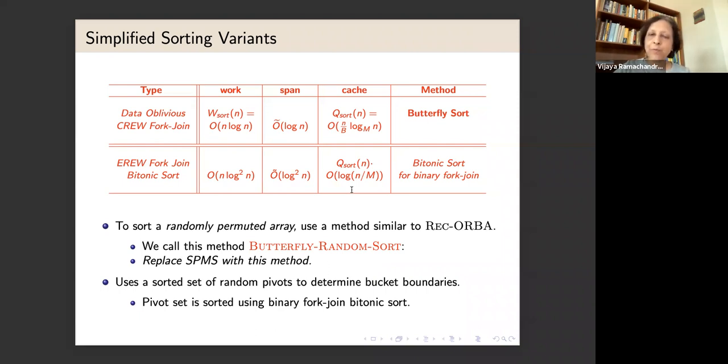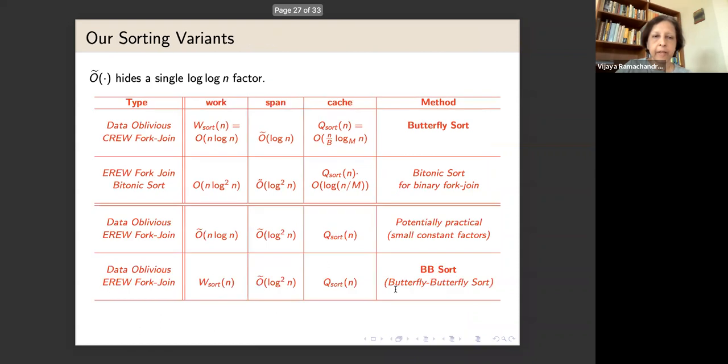Now, the sorting of the random pivots will be done with our improved bitonic sort. And then we just do a repeat of what we did for RecOrba to get the elements into their sorted positions in bins. And then we sort within the bins to complete the sorting. And that gives us two algorithms which essentially use the same approach, but one version, which we say potentially practical, uses bitonic sort everywhere.